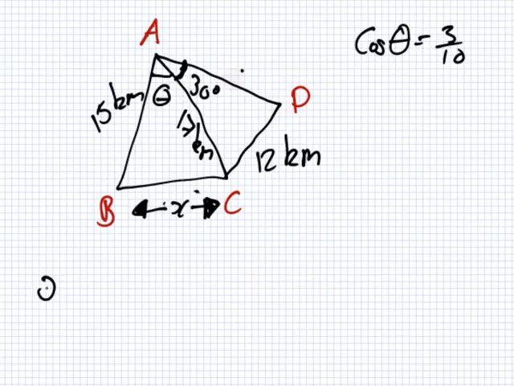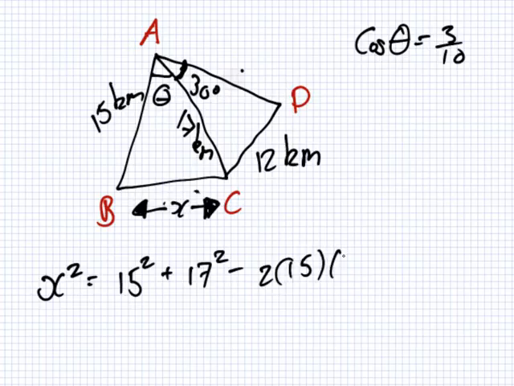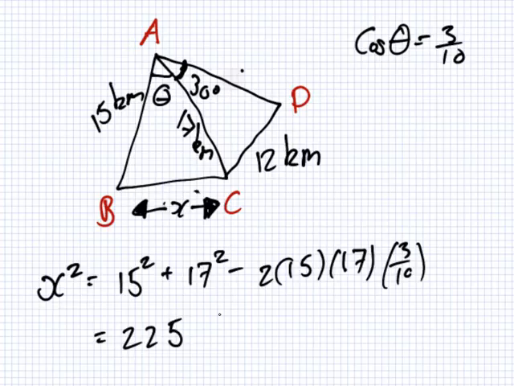So we get x squared equals 15 squared plus 17 squared minus twice 15, 17 cos theta. That's 225. What's 17 squared? 289. Plus 289. And then this is 30 times.